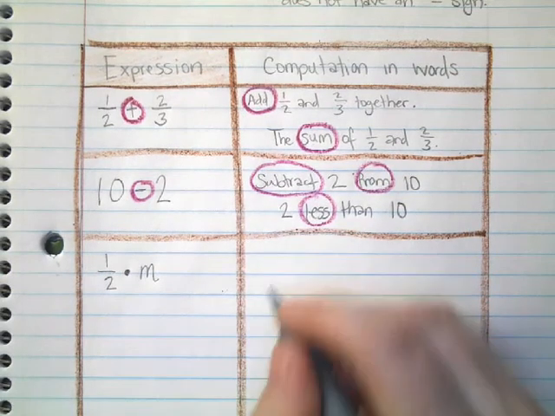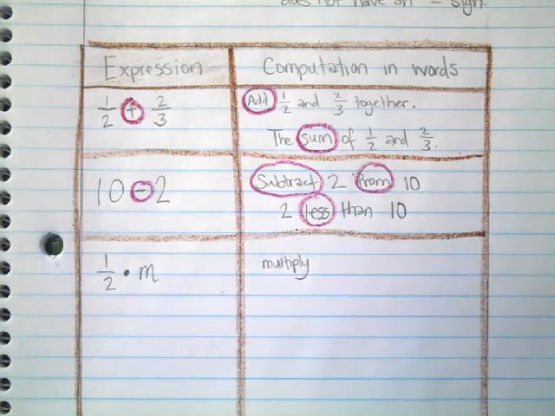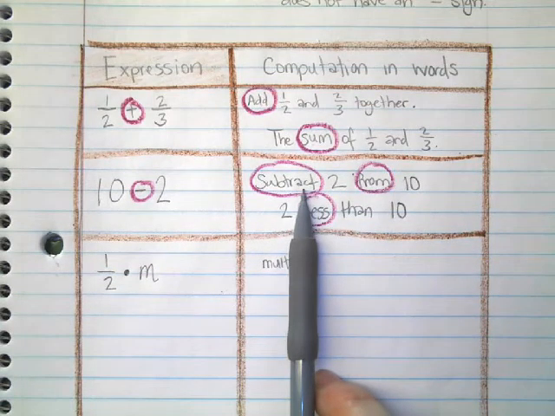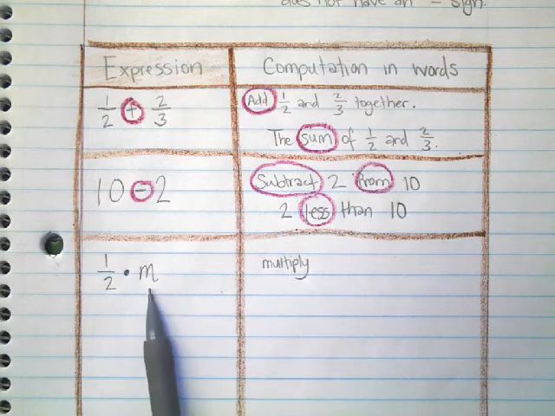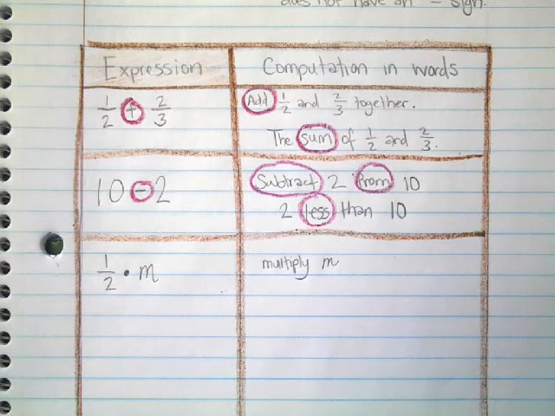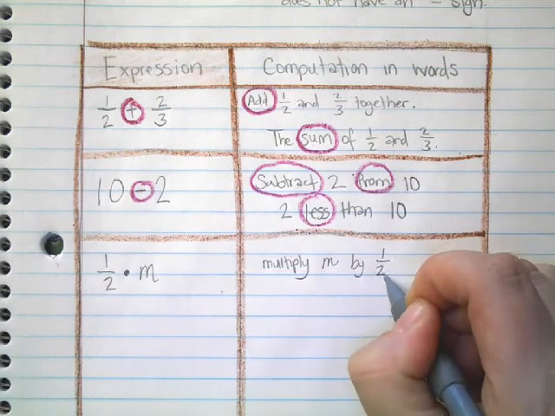So I can say multiply m by 1/2. Notice that when I put the verb first, like subtract is the verb, I started with the end. Multiply m by 1/2.